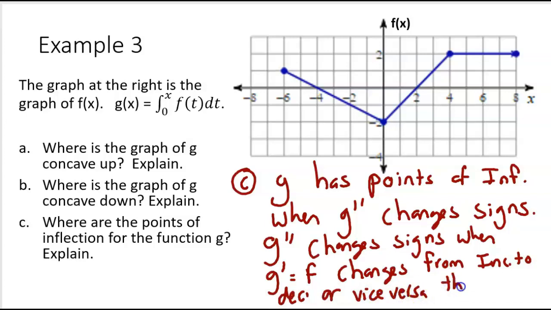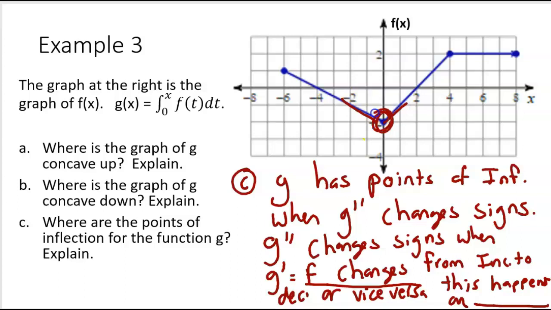This happens where? Where does f change from being increasing to decreasing or vice versa? Well, right here, we're changing from being decreasing to increasing, and that's the only place. I don't see anywhere else.